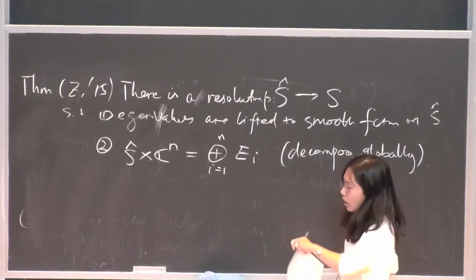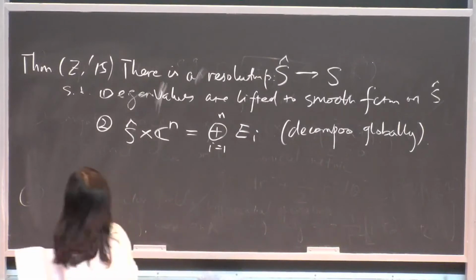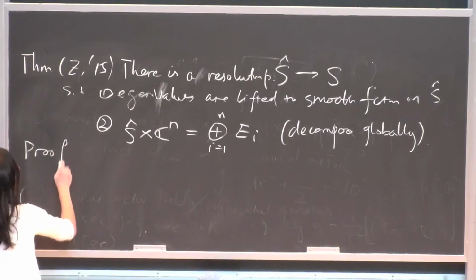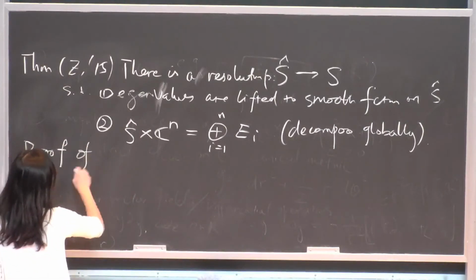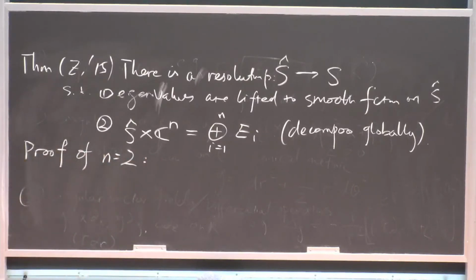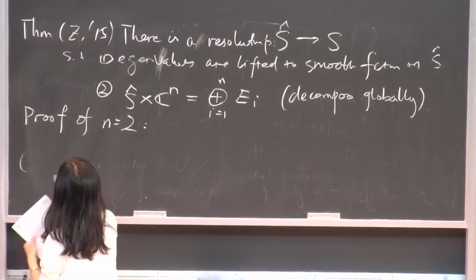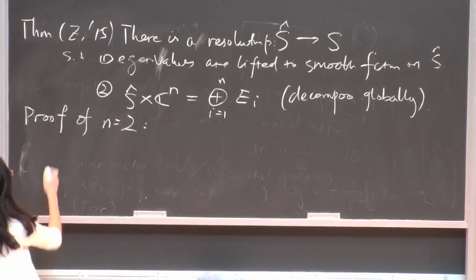Now I intend to give a proof for the simple case, because that's the case where you can immediately see where this blow-up arises: n equals 2. In this case, everything is explicit, and you can just do computation to show it. So let's write out everything.